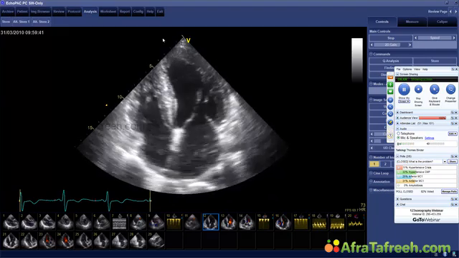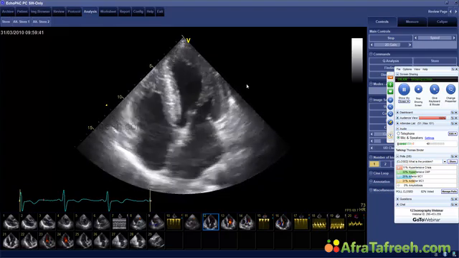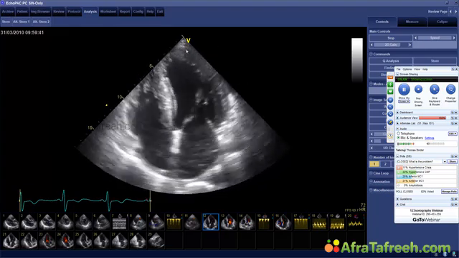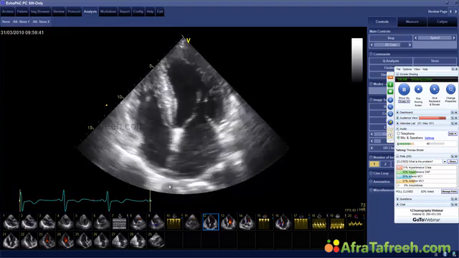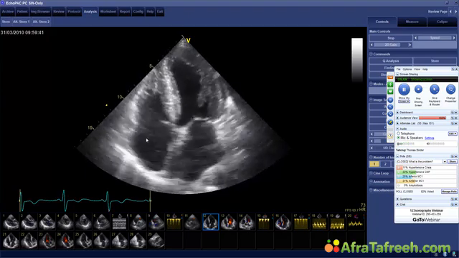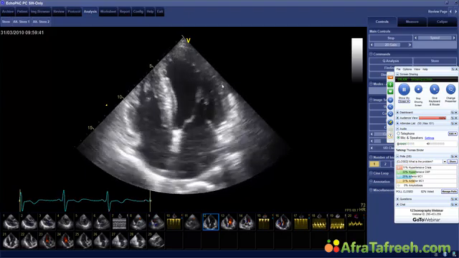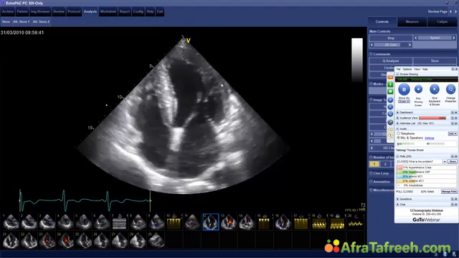So I would say there is a regional wall motion abnormality right here at the apex. Aside from these findings, other things that I just want to point your attention to is we have a very large left atrium. We also have normal right ventricular function, and then there is a very small pericardial effusion here. Do you see this? Right here, lateral.